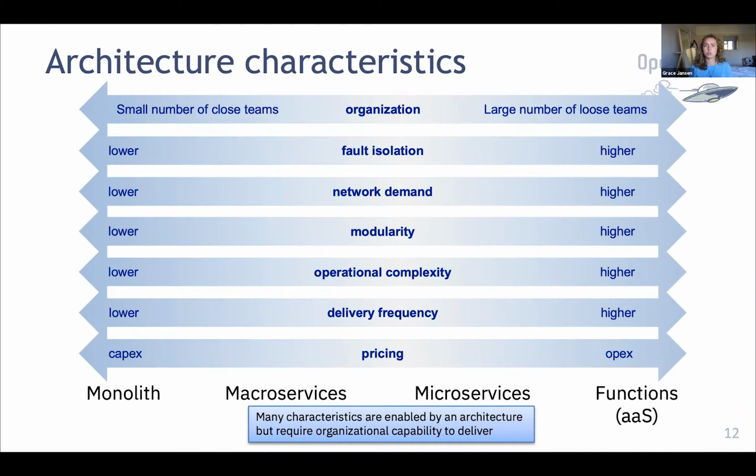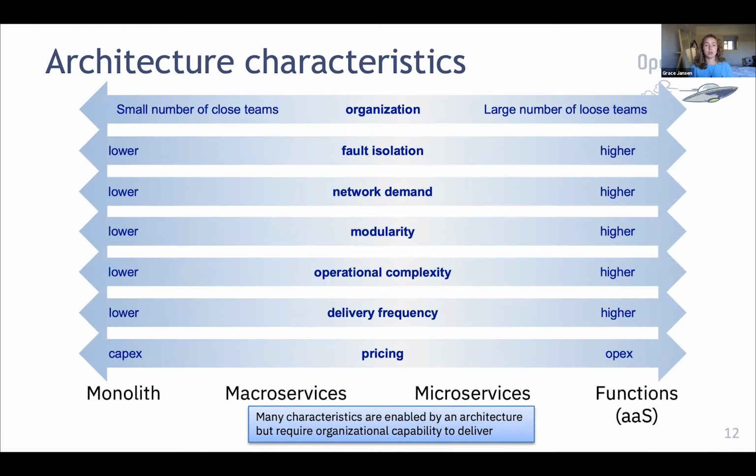A lot of them are also related to your organizational processes, how your organization is laid out, and the resources you have available. So it's important to not just think about your application code and logic, but also to think about how prepared you are for each of these architecture types in terms of your actual organization and the way you're set up in terms of resources. So you can see here, these are just some example factors that I would say are generally important to most organizations.